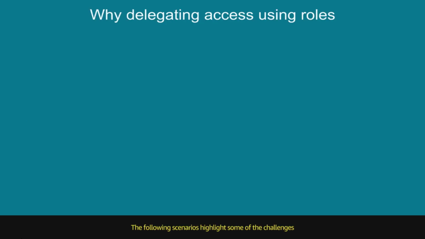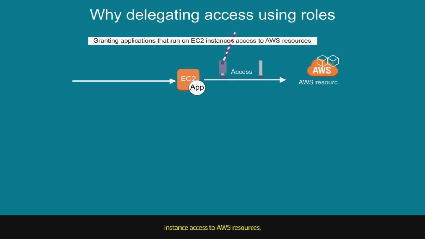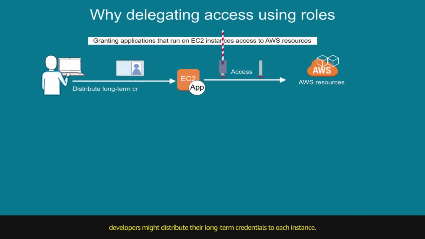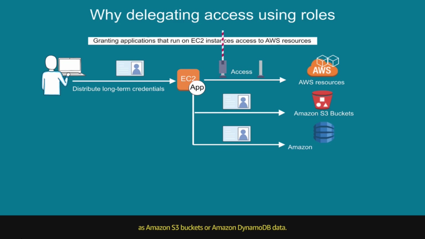The following scenarios highlight some of the challenges that you can address by delegating access using roles. To grant applications on an Amazon EC2 instance access to AWS resources, developers might distribute their long-term credentials to each instance. Applications can then use those credentials to access resources such as Amazon S3 buckets or Amazon DynamoDB data.